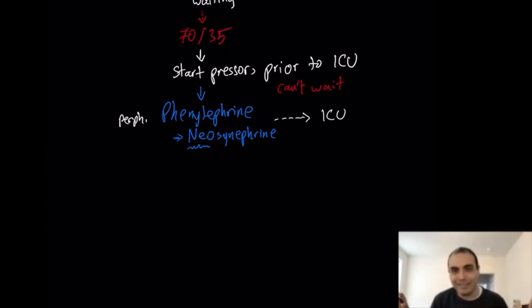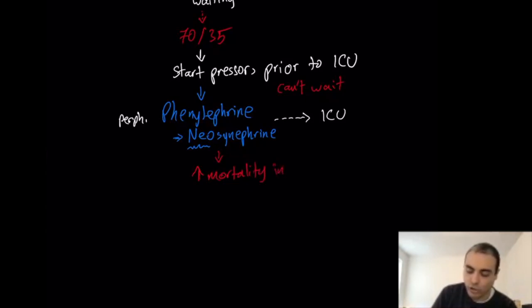Physiologically, it's nice, but when they studied it in randomized controlled trials, they found that neosynephrine, or phenylephrine, increases mortality in all shocks compared to others. Whether you use it for septic shock, cardiogenic shock, or any other shock, it increases mortality. That's why it is never the first choice.